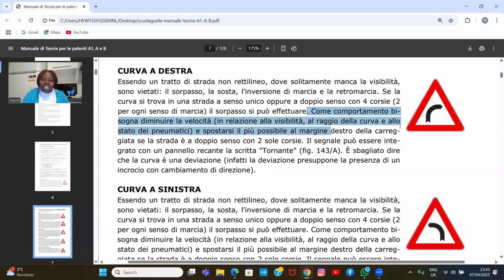The curve is quite a tight curve, so you have to reduce your speed. And it also depends on the state of your tires. So your tires have to be sound, they have to be good. They shouldn't be worn out tires.